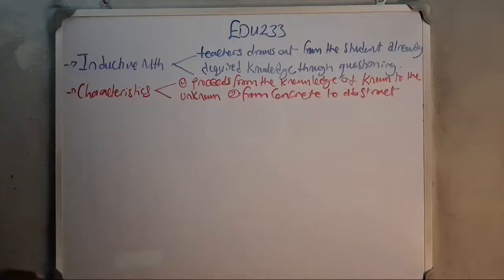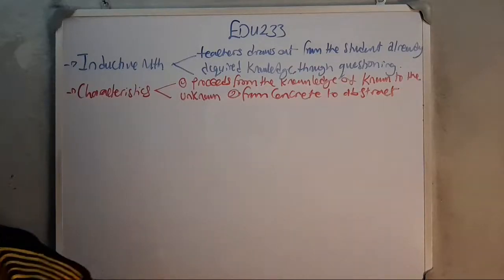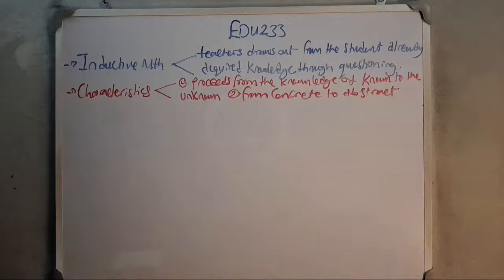Now, speaking of the deductive, in the deductive method, a statement or a rule or formula is given. From this rule, the teacher begins to work back to a particular case. For example, formulas in mathematics. That is more of the deductive.